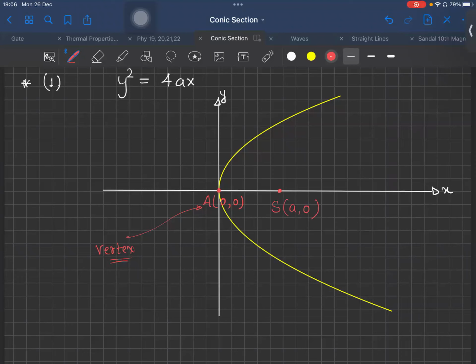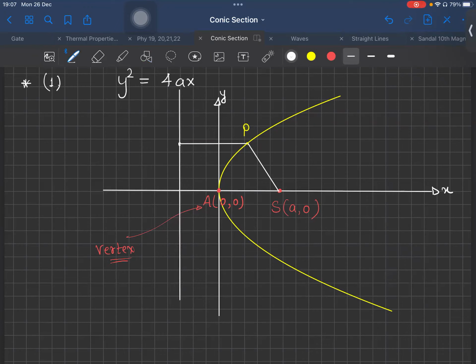Okay, what is the equation of the directrix? Now, directrix is a perpendicular distance, right, from this line. That means if you draw any line from the focus to a point on this parabola, let's say this is point P. Now if you draw a line perpendicular from this point P onto some line, that line is called the directrix.